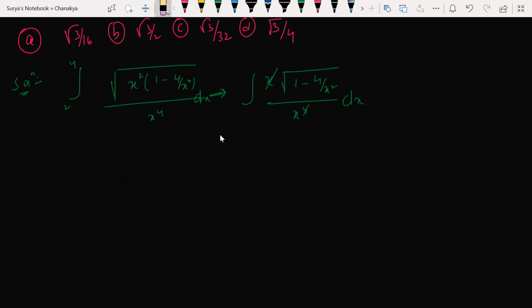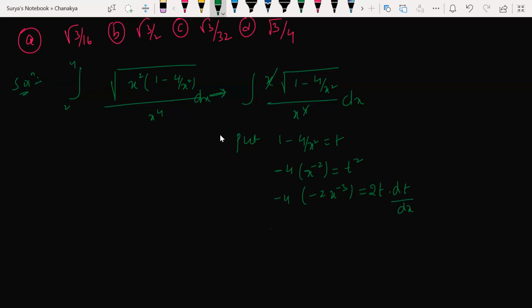And we'll do one thing, beta. We'll substitute: put 1 minus 4 by x square equal to t. Differentiate this: minus 4 into x to the power of minus 2 is equal to t square. So minus 4 into minus 2 x cube into 2t dt by dx.